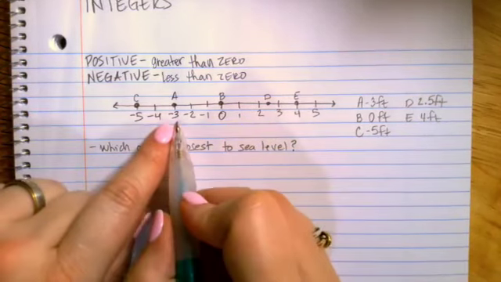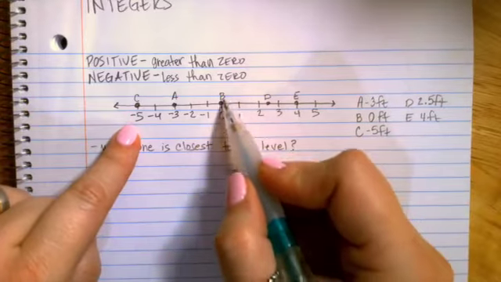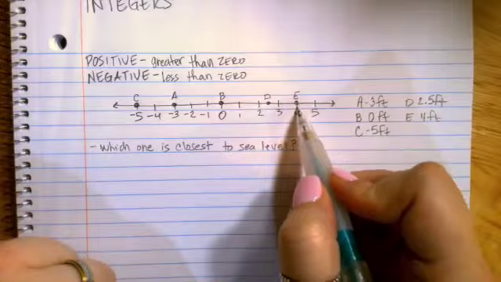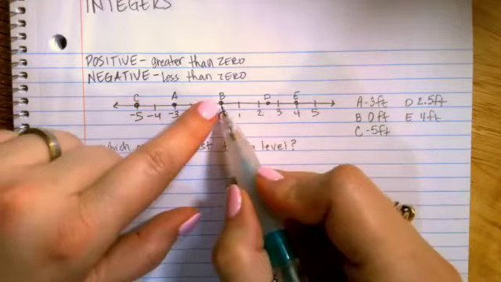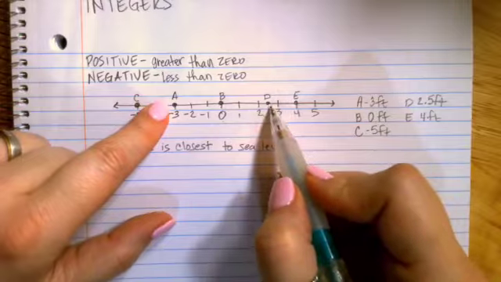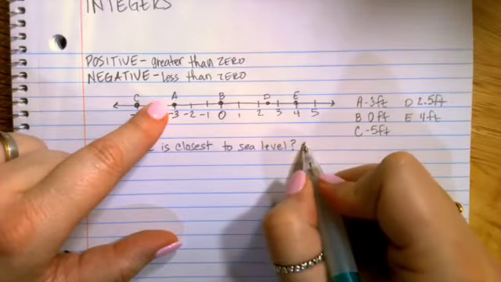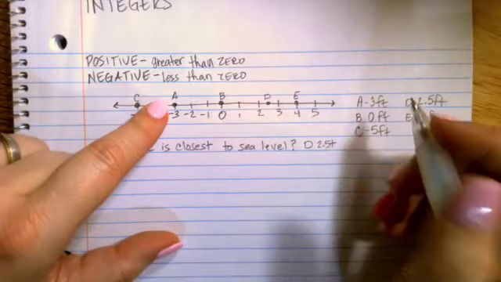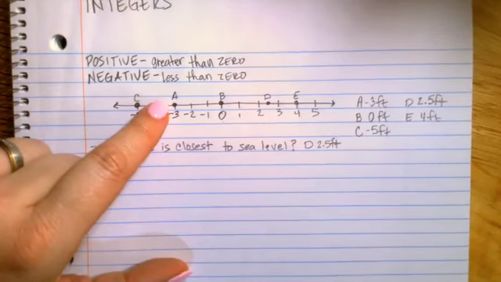Is it going to be A, which is at -3, C, which is -5? Can't be B because that's right at 0. Is it D, which is at 2.5, or is it E, which is at 4? Well, these two are the first two dots on either side of 0. -3 is farther from 0 than 2.5, so we're going to say it's D, 2.5 feet.